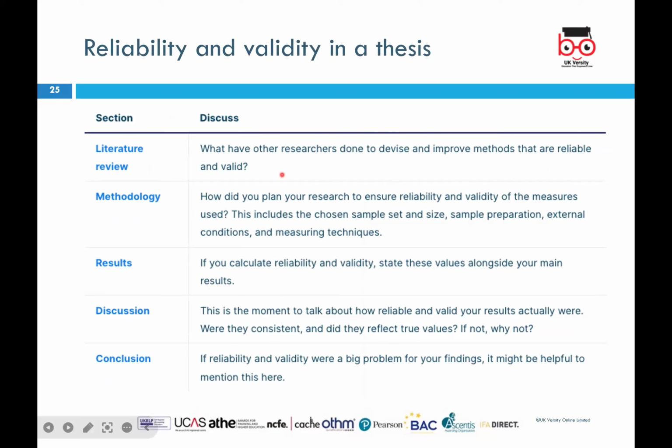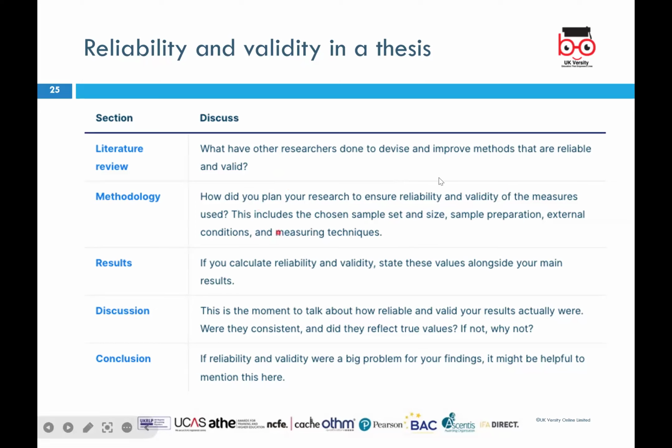In your methodology, you would want to consider how you planned your research to ensure this. This would include sample set and size, sample preparation, external conditions, and measuring techniques.